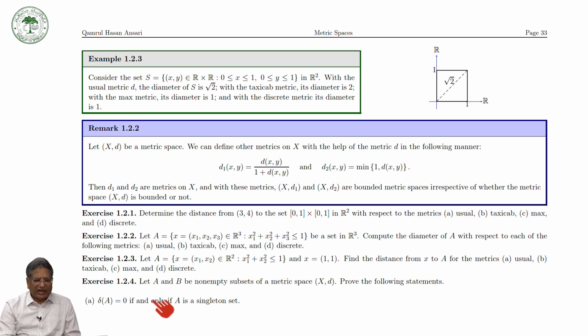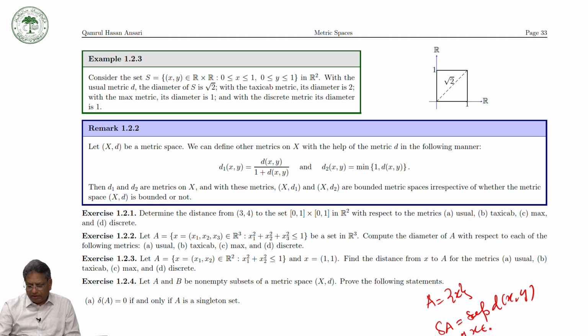Very simple, because the diameter of A is the supremum of the distance between any two points of the set A. But the set A is a singleton, so A contains only one point x, and the diameter is the supremum of d(x,x), which is equal to 0.